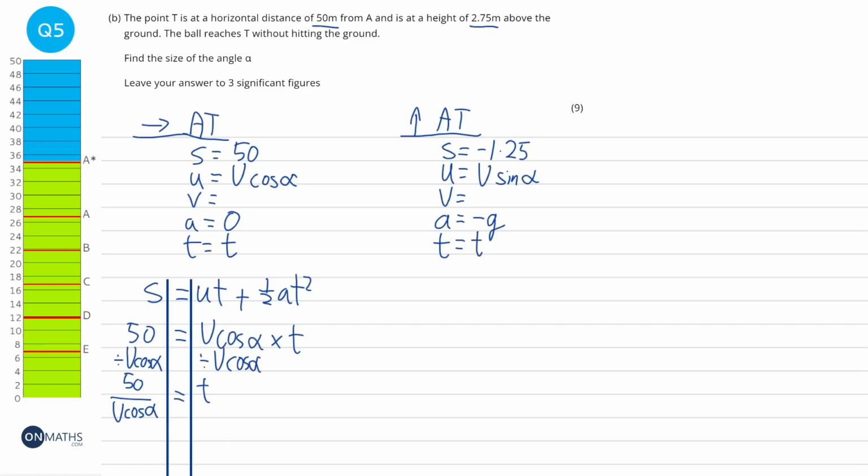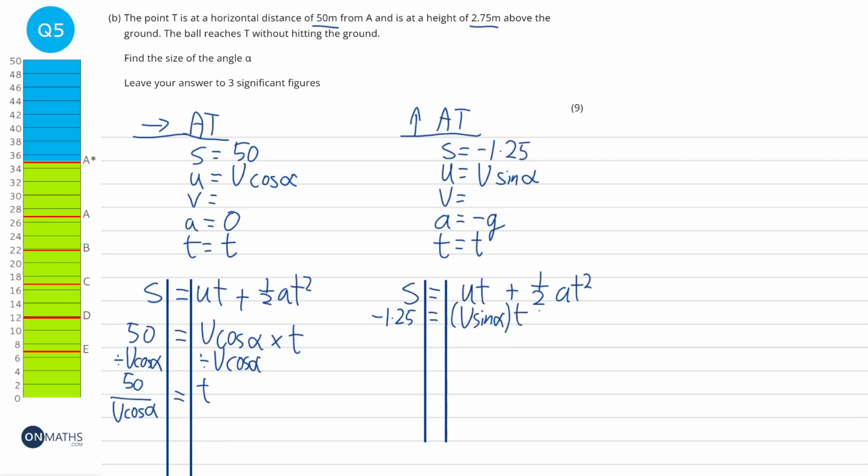So looking at what we have there, it's the same as the horizontal component. It's S equals ut plus half at squared. Get our lines in, and it's going to be minus 1.25 is equal to, and this time acceleration is there, so it's slightly harder. So it's going to be u sine alpha T plus half minus g T squared.